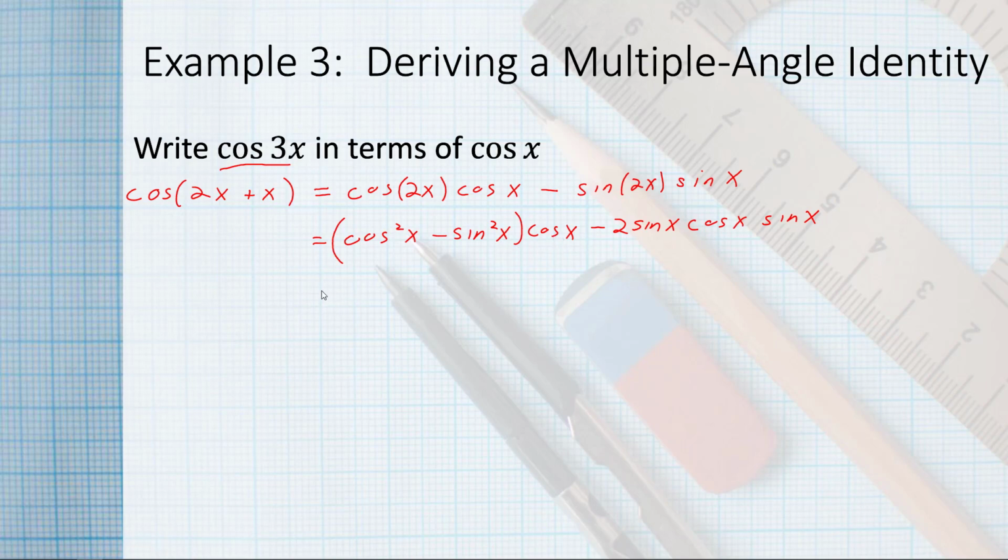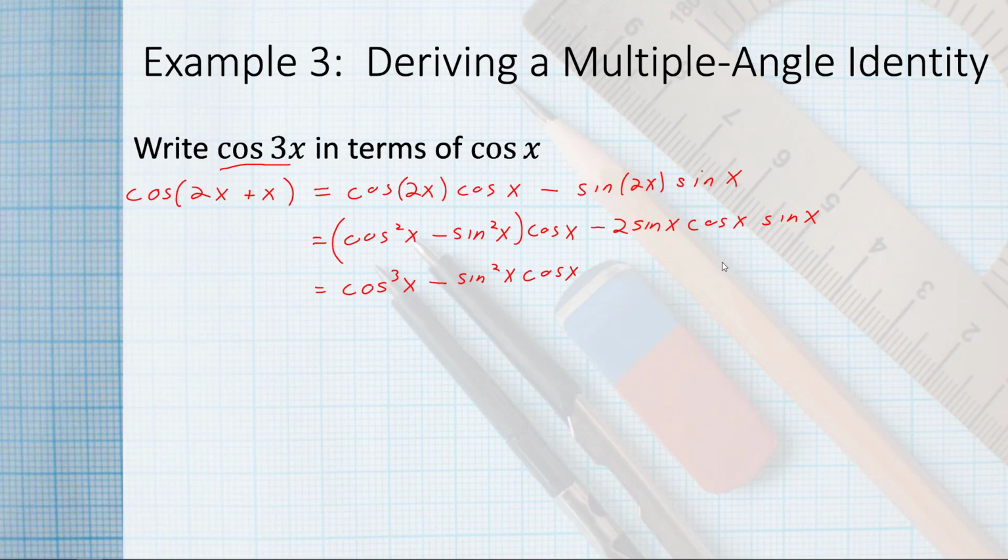So let's use our distributive property here, and we will have cosine squared x times cosine of x, which will be cosine cubed x, minus sine squared x times cosine of x, not squared.